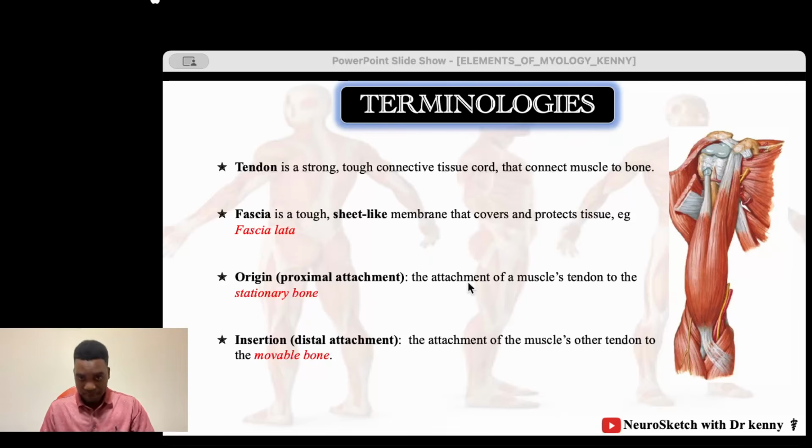The muscle inserts onto the bone that is more movable so as to move that bone, and most of the time the muscle will contract to pull the insertion towards the origin. The muscle contracts to pull the distal attachment toward the proximal attachment. We encounter this terminology every now and then.